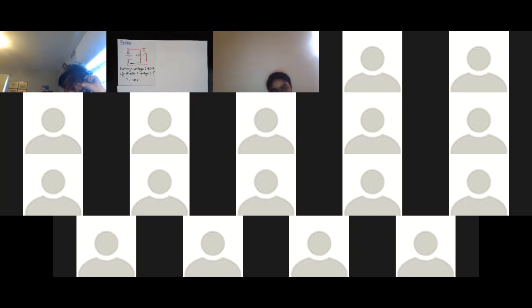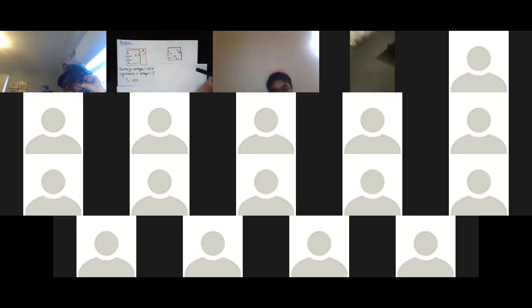Okay, let's look at another example. On my right, I have another diagram of a circuit. Here I have my battery. This black wire connects my battery to light bulb number 1.